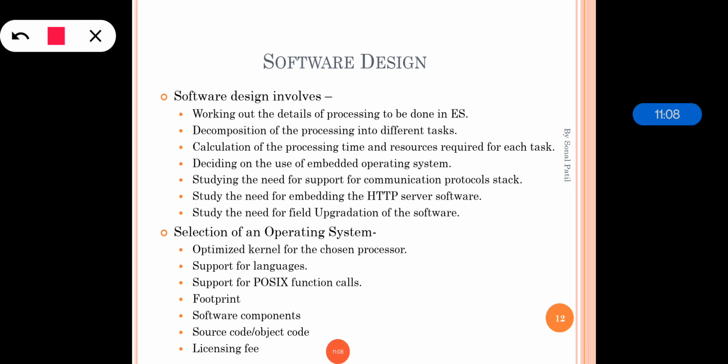And when we are dealing with the selection of operating system, we have to keep in mind the criteria, that is optimized kernel for the chosen processor, support for the languages, support for the POSIX function calls, footprint, software components, source code, and the licensing fee.